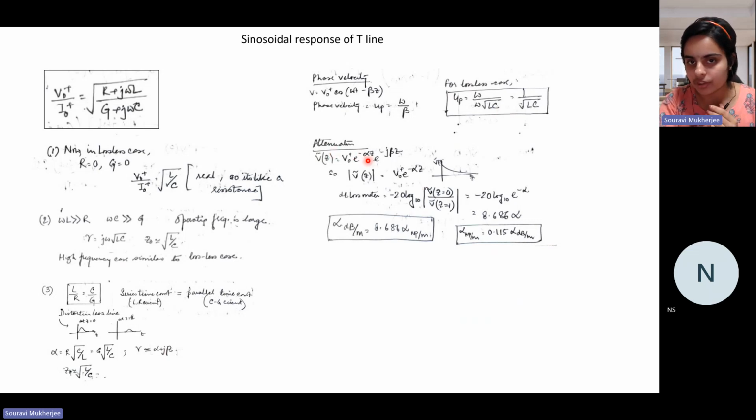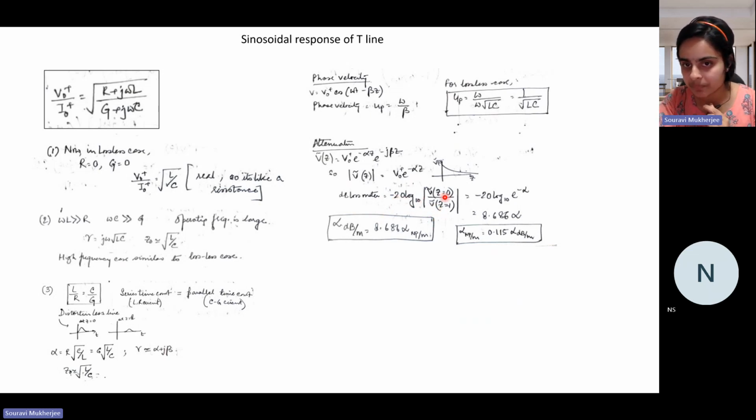And if there's attenuation, so if alpha is not zero, then this is how your voltage signal will look. That means the amplitude will be an exponentially decaying function. And you can quantify this decrease, so dB per meter is how your loss is defined.